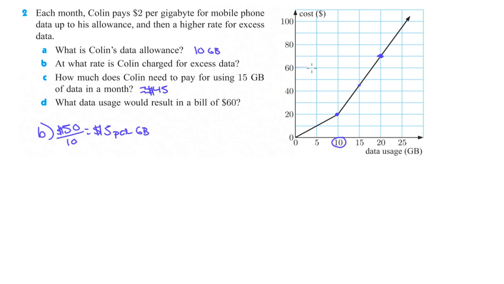So we can go over on 60 here, over to right there, and go straight down, which looks like a little bit past the middle, so I'm going to call that about 18. Or sorry, 18 gigabytes, not bucks, because they're asking how much data it's going to be. $60, that's 18 gigabytes.